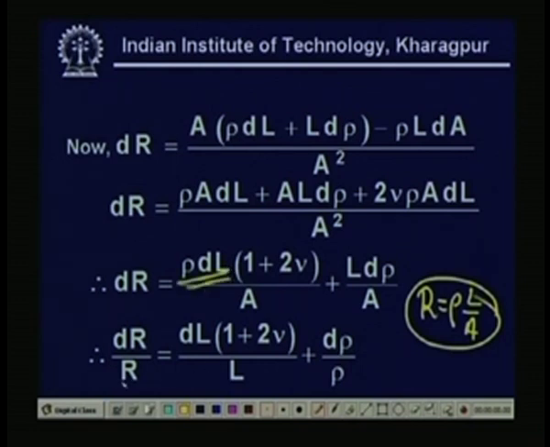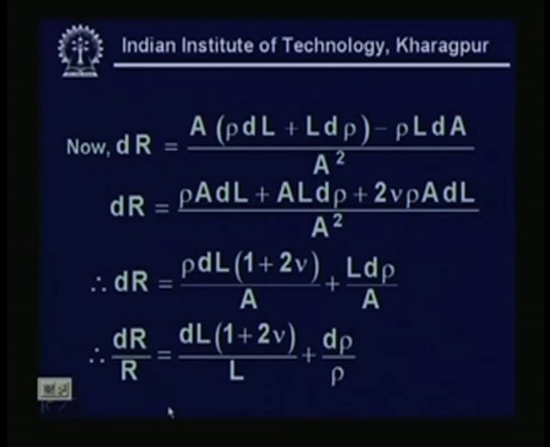So, R into A will cancel out, so we take the L in the denominator and R on the left hand side. So, this gives the change of resistance per unit value of the resistance.